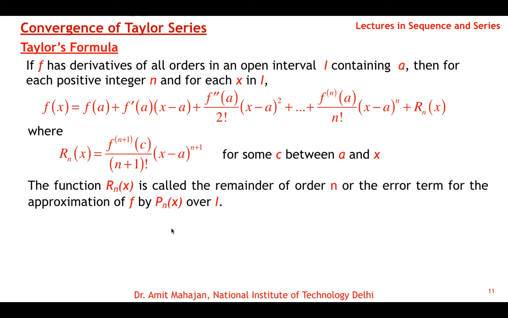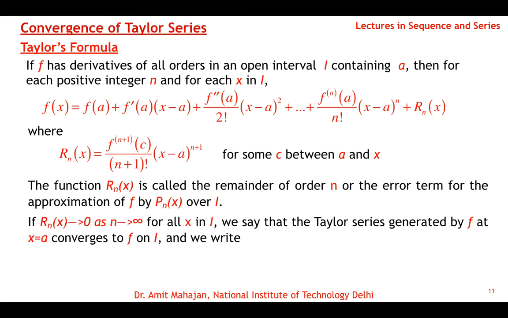If, when n becomes large, R n x goes to 0 for all x in the interval, we say that the Taylor series generated by the function at x equal to a converges back to the function. Then this infinite series will converge back to this function, and we can write the infinite series equal to the function.